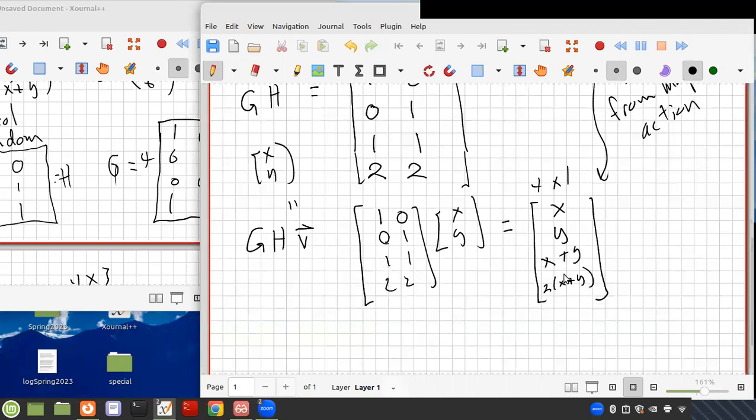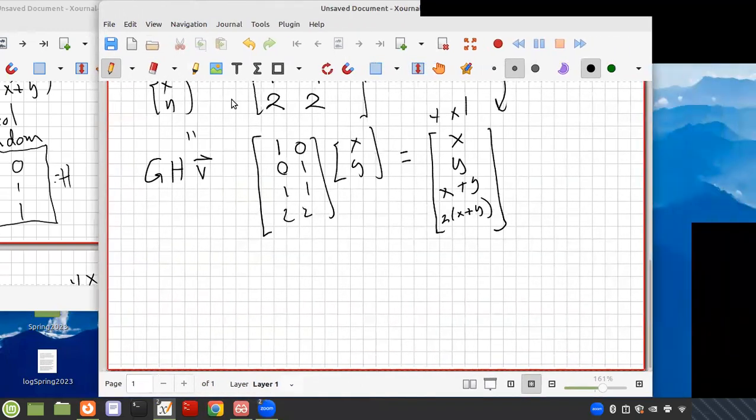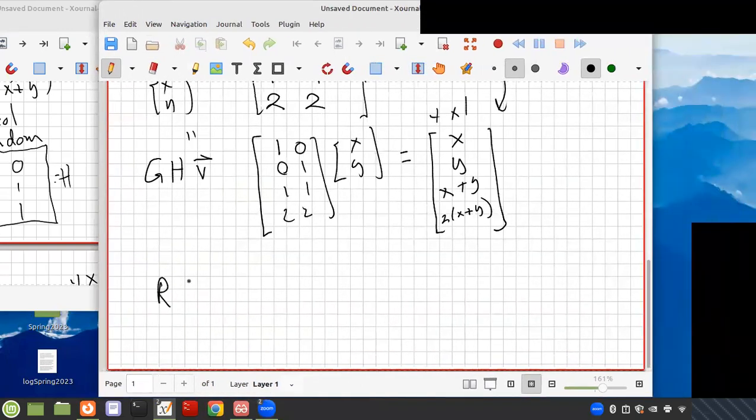So this is the primary role of matrix multiplication. It represents composition. So, for example, let's think about this concretely. Let's say all the spaces were the same, and you had the map R that went from V to V. That's a linear transformation.